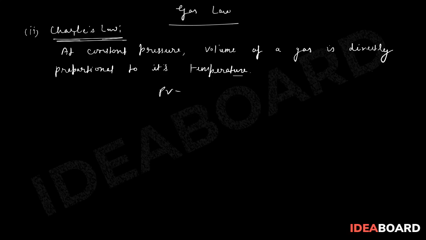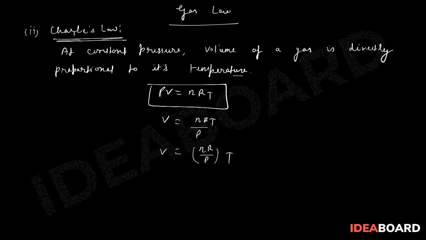So we have ideal gas equation, PV is equal to nRT. So if this is true, we can write V equal to nRT by P. Now we can also write nR by P and T. Now if pressure is constant, then overall this term will be constant.